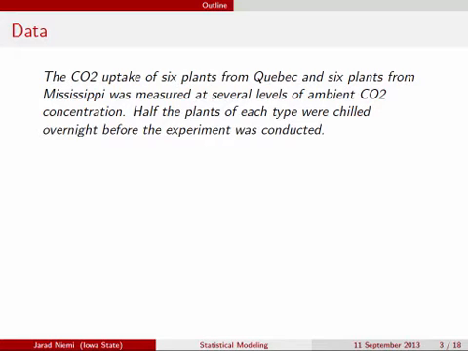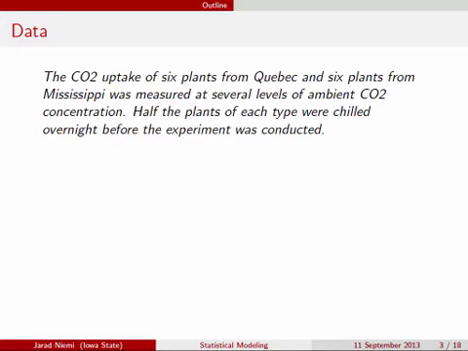For the purpose of today's lecture, until the very end, we're going to ignore this part and pretend we have a two-sample problem where we have plants from Quebec and Mississippi, and we're looking at their CO2 uptake. We want to say something statistical about their CO2 uptake and how they differ between Quebec and Mississippi. That make sense? By the way, you should feel free to ask questions whenever.